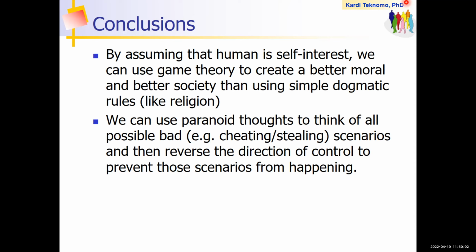So paranoid thought is not always a bad thing. You suspect possible bad scenarios, and then what you need to do is combine this with reversing the direction of control to prevent those scenarios from happening. So any comments, questions?